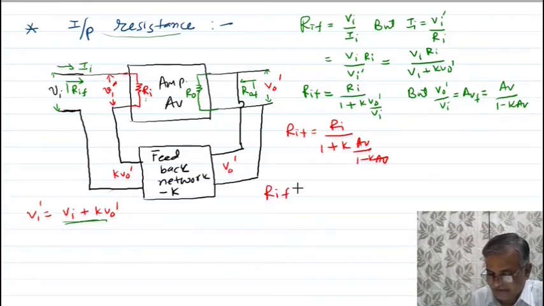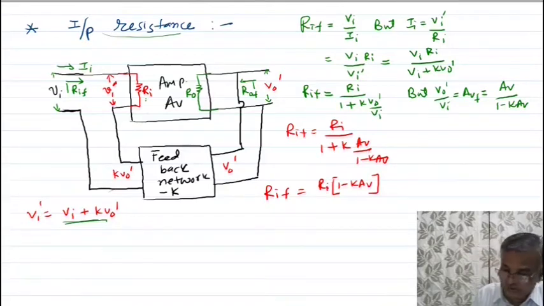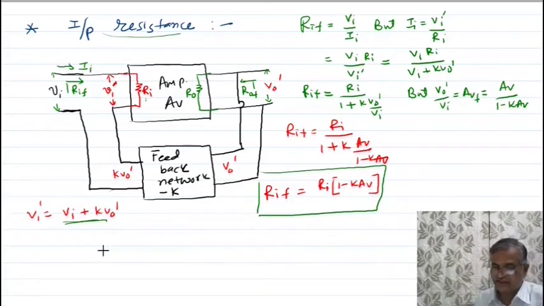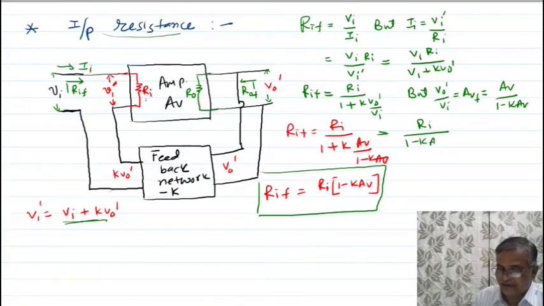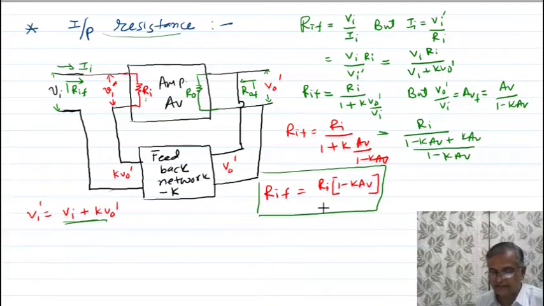So Rif is nothing but Ri into 1 minus K Av. If you don't understand, let me do it here again: Ri times 1 minus K Av plus K Av, and this is in the denominator 1 minus K Av. So you can write this equation.